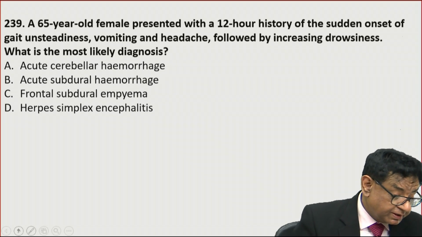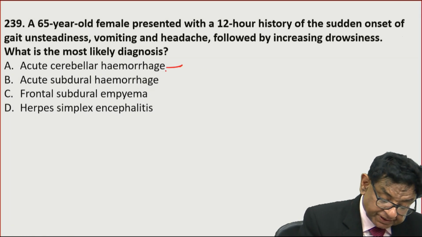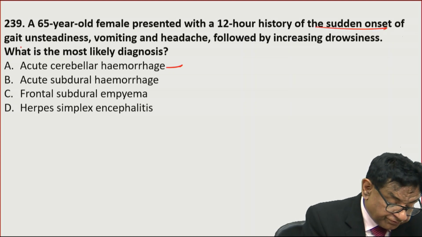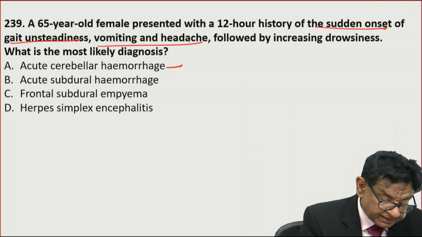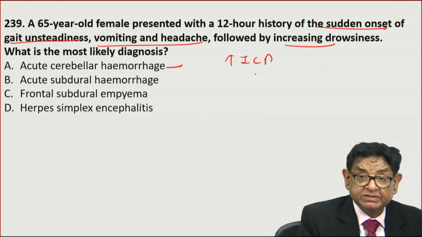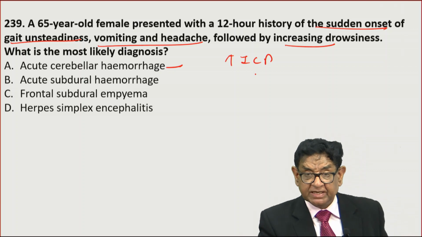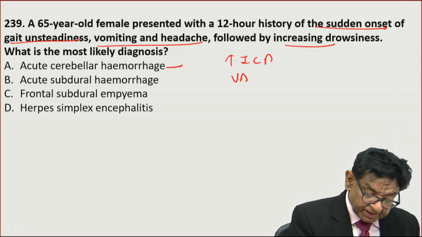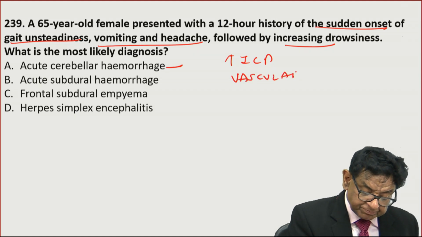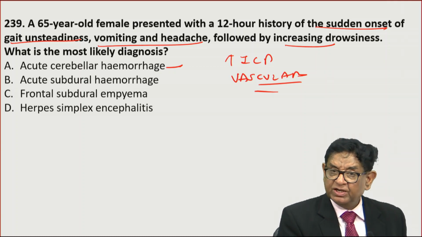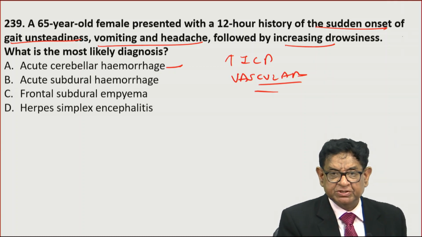239. This is acute cerebral hemorrhage. Sudden onset of gait unsteadiness, vomiting, headache. This indicates drowsiness. This indicates raised intracranial pressure. Sudden onset, remember in neurology, if something happens suddenly, it is always a vascular phenomenon unless proved otherwise. Now, raised ICP occurs in bleeding, usually not in ischemic stroke.